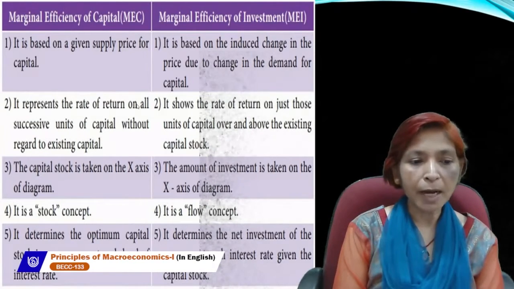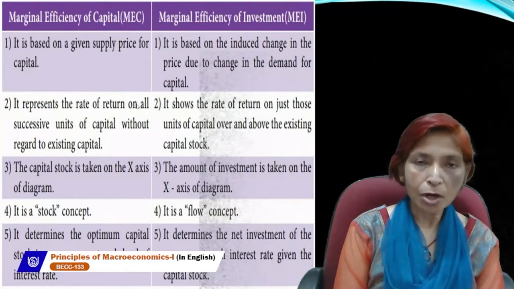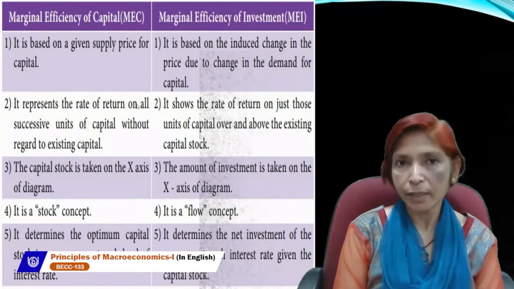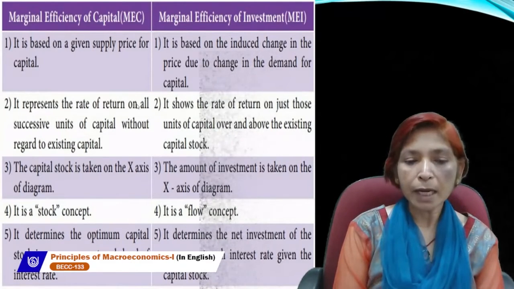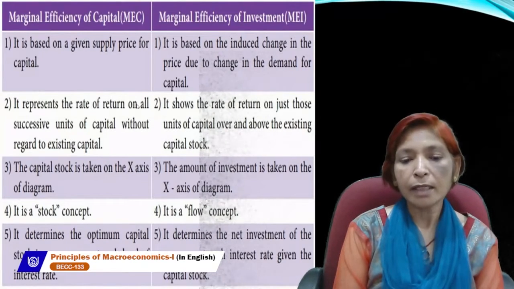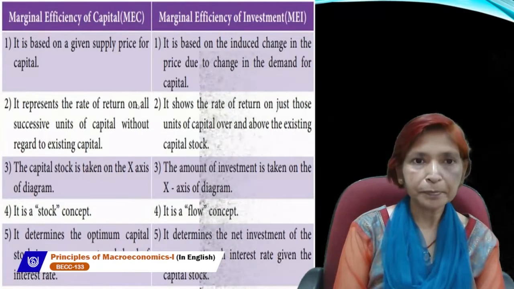Next, MEC determines the optimum level of capital stock in an economy at each level of interest rate. And MEI determines the net investment of the economy at each interest rate, given the capital stock.